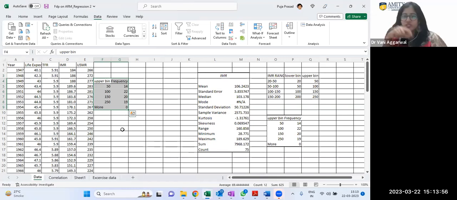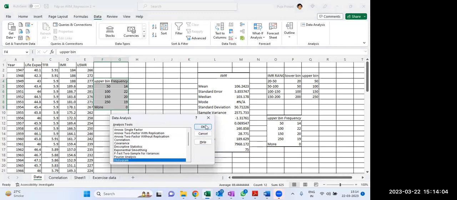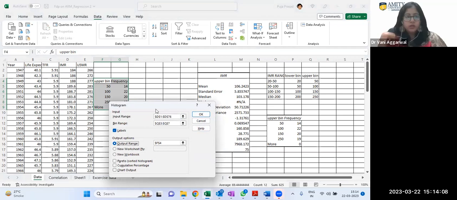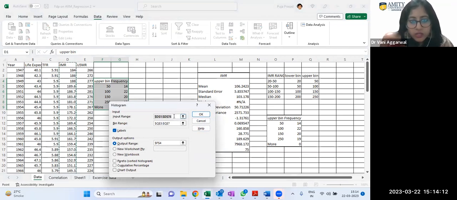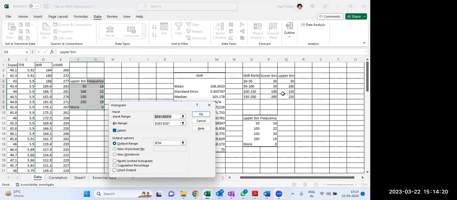You please redo this. Go to data analysis, histogram. Okay, input range, what you have selected, D1, IMR. Okay, what is your bin range? Show me. It's 20 to 50, 50 to 100, 100 to 150.